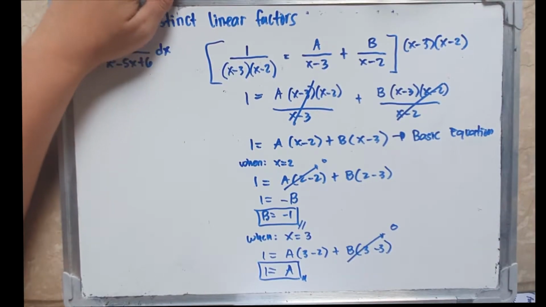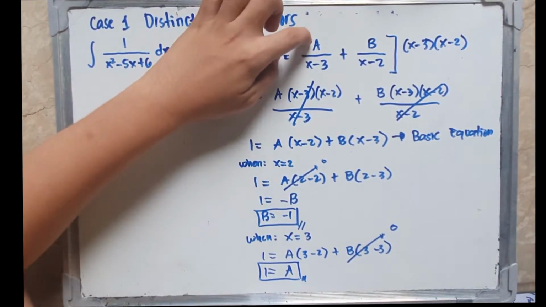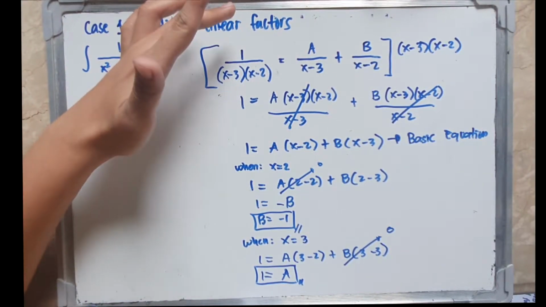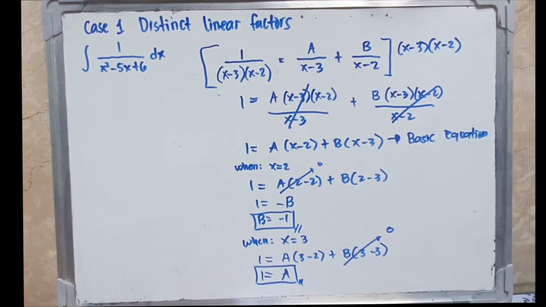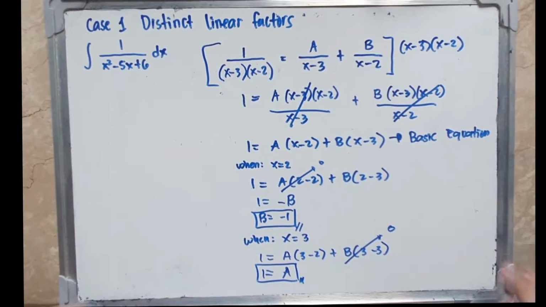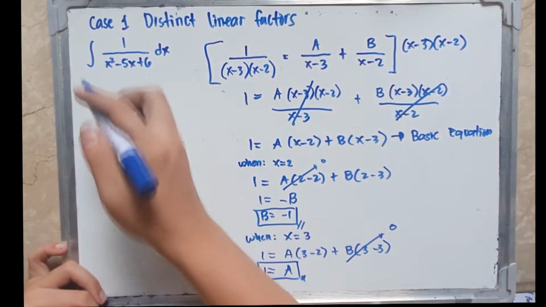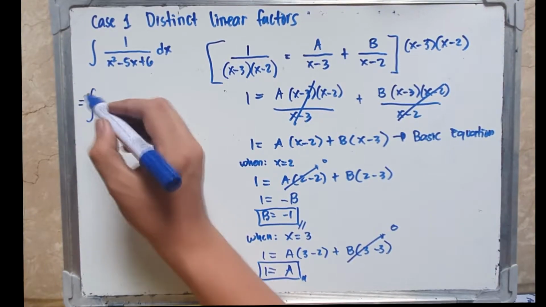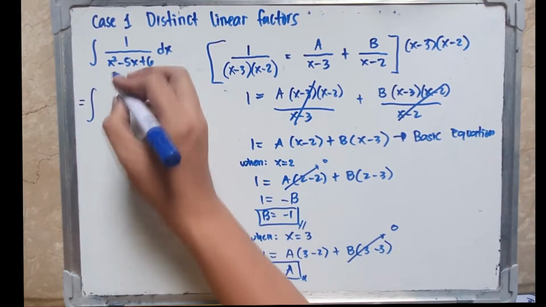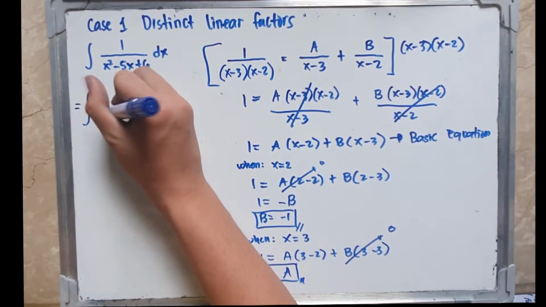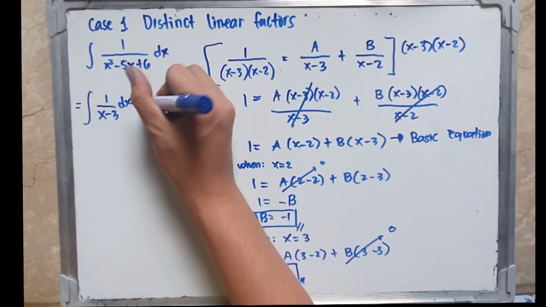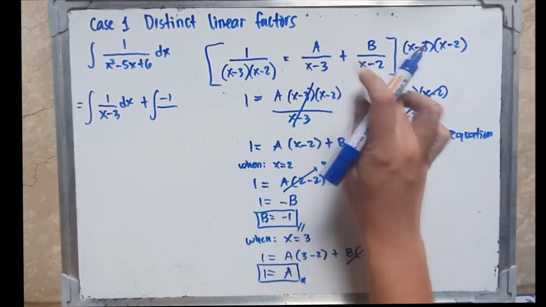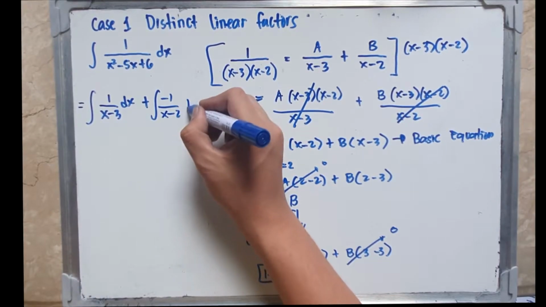Now that we have found the values of a and b, we will substitute them to our decomposed partial fraction form. Okay, so we now have an equivalent value: integral of a, which is 1, over x minus 3 dx, plus the b, which is negative 1, over the denominator x minus 2 dx.